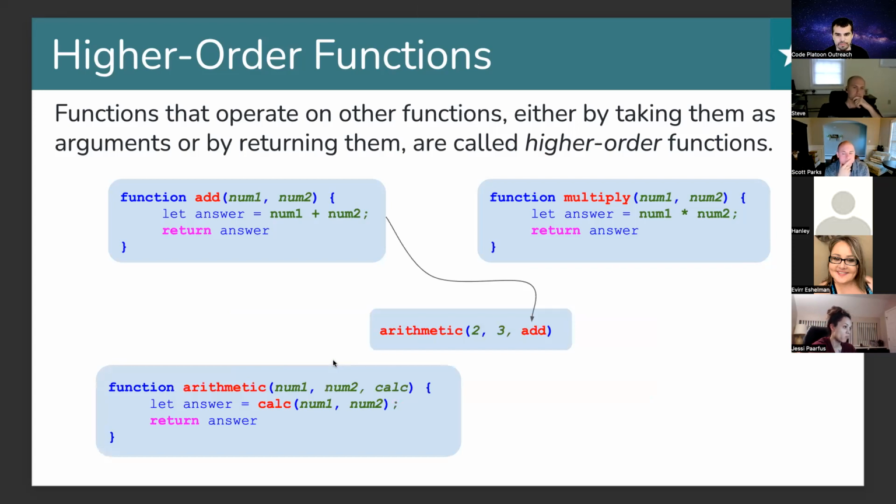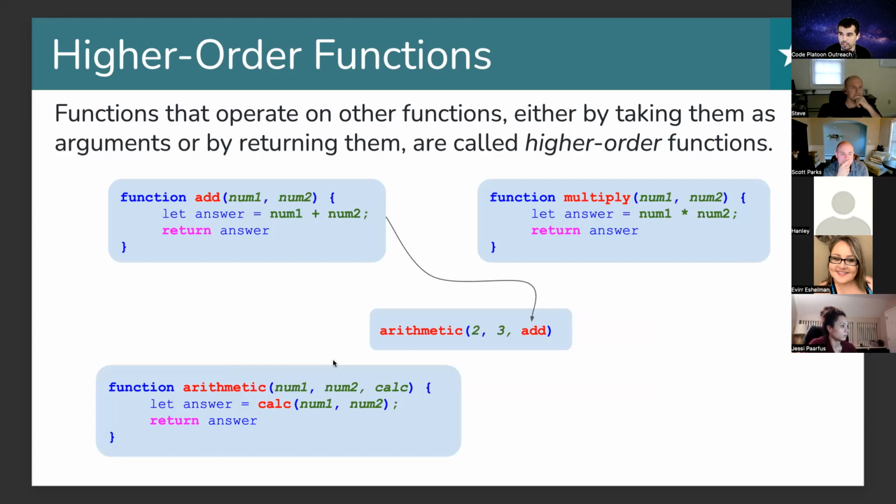So here we go. We have the same 2 functions here, add and multiply, and then we're going to make a function call that's right in the middle called arithmetic, and we're going to pass in 3 things. We're going to pass in, right, the arguments 2, 3, and then something called add. And by looking at the top left-hand corner of our screen, we know that add is a function.